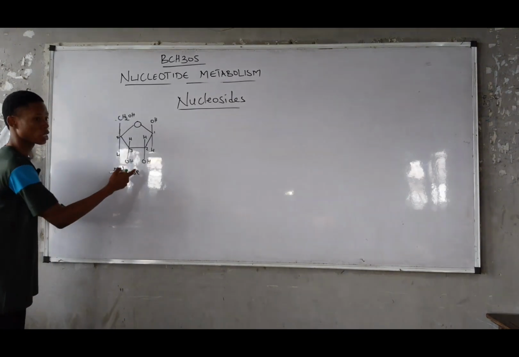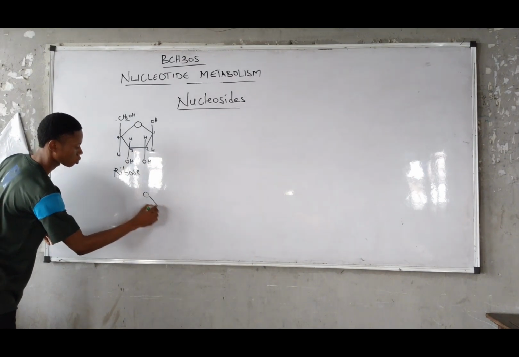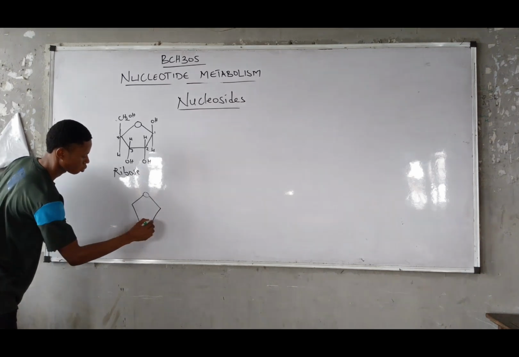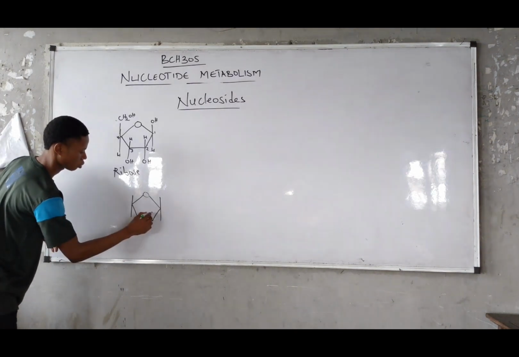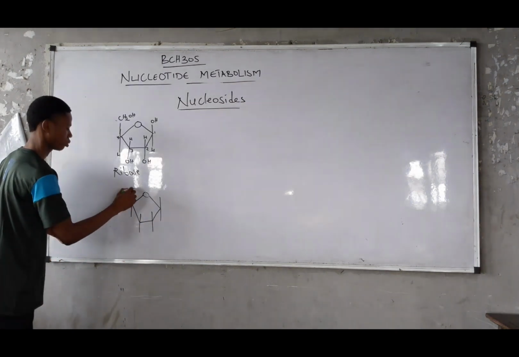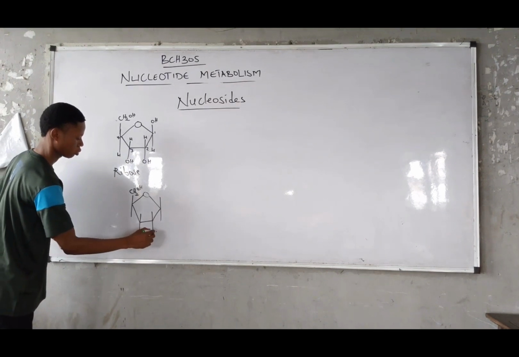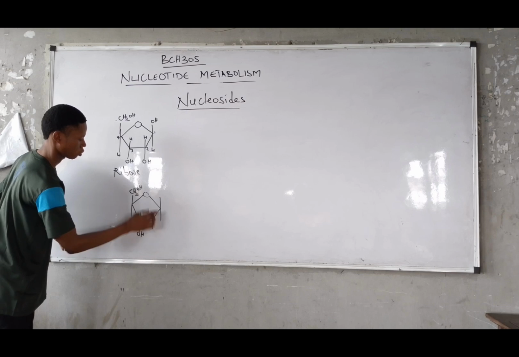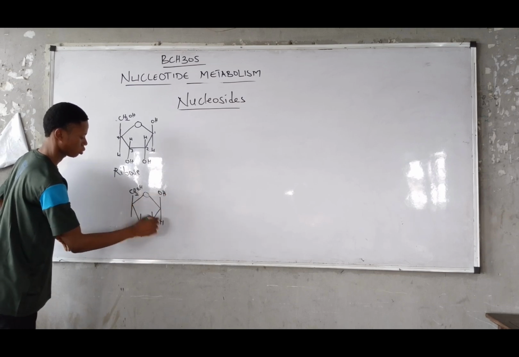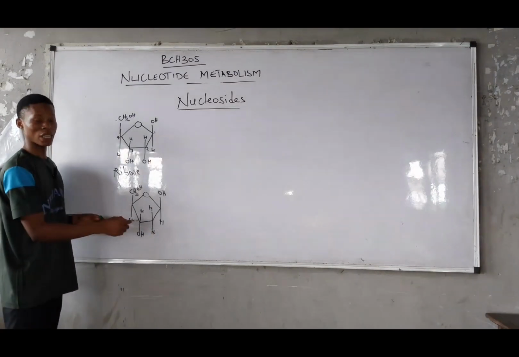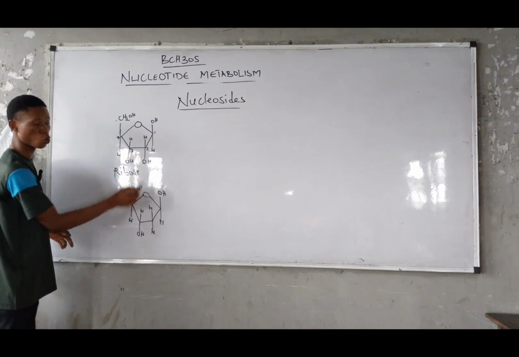So the only thing is, if I'm drawing the structure of deoxyribose, if you notice, the only thing I did here was to remove this O, right?